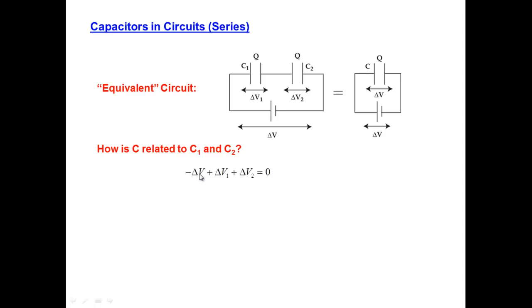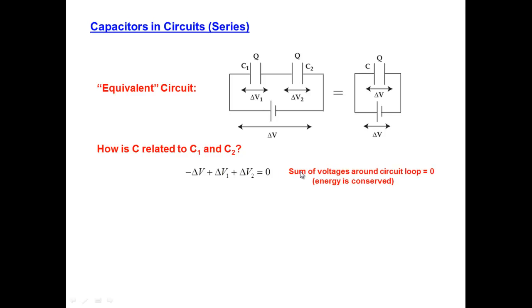So, actually what I should say is that delta V1 plus delta V2, the sum of those two potential changes, is equal to the potential change across the battery. And so we can set it up, though, that making one complete loop around the circuit gives us a sum of potential differences equal to zero. And you may have seen this in a class before. We'll recognize this when we talk about DC circuits as Kirchhoff's voltage law.